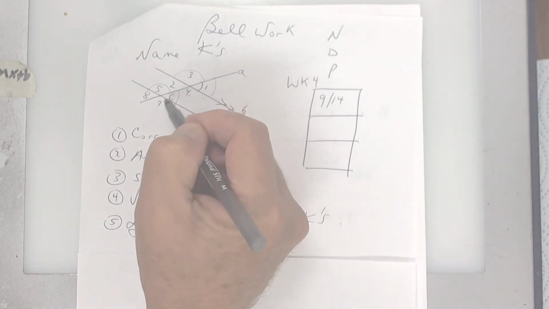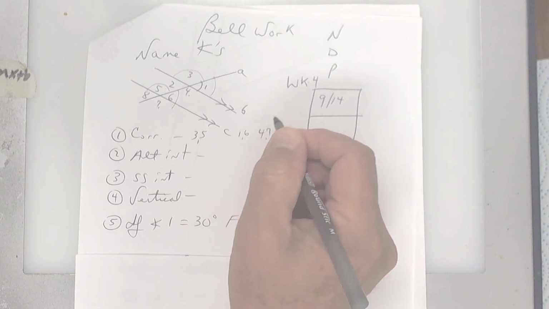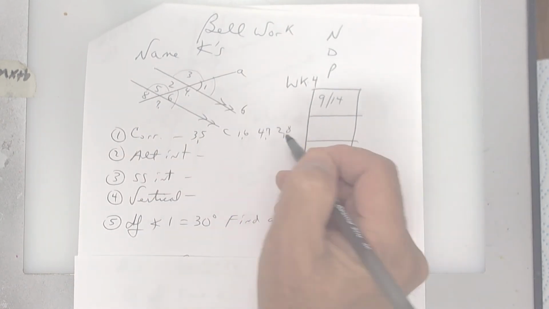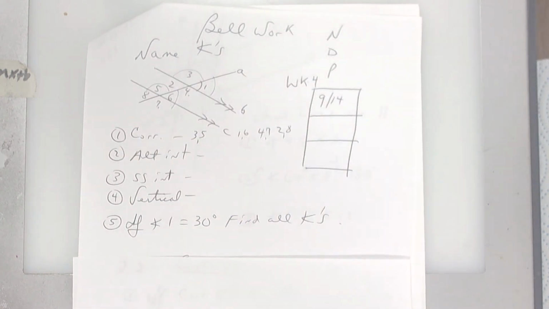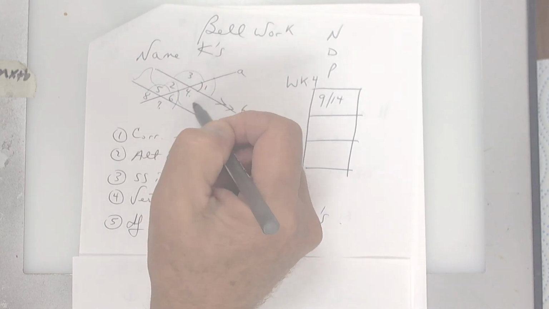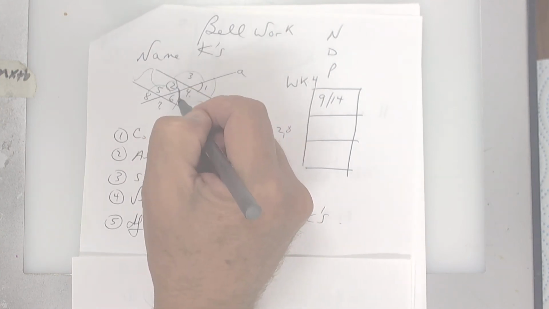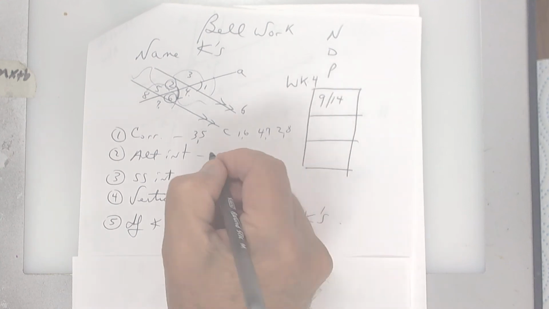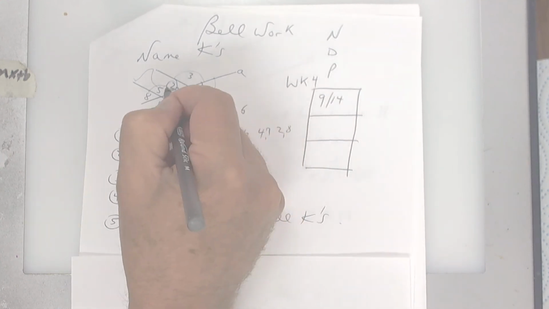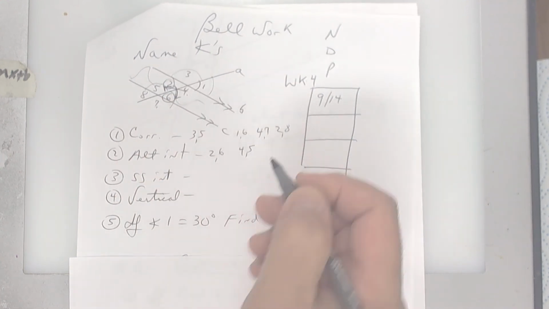Bottom, bottom would be 4 and 7. And 2 and 8. So there's a bunch of corresponding. Alternating interior would be anything in between these two lines, but it switches from this side to that side. So 2 and 6 and 4 and 5 are alternating interior.